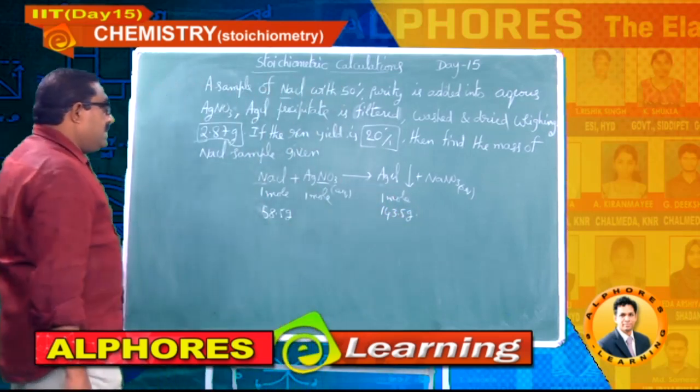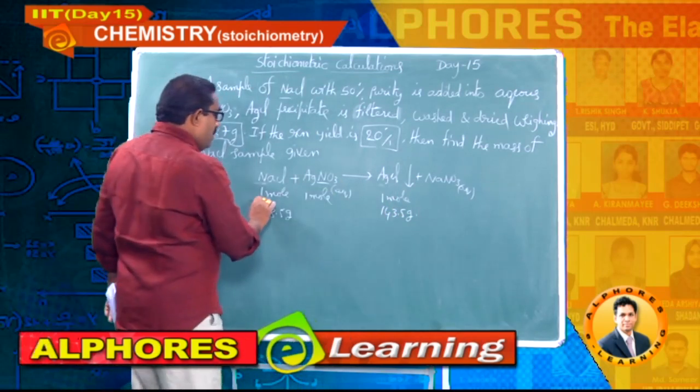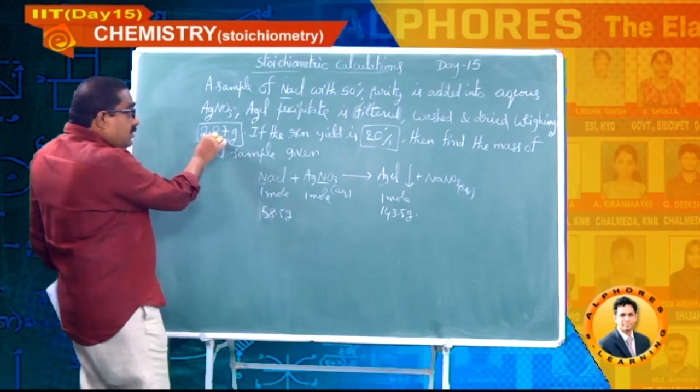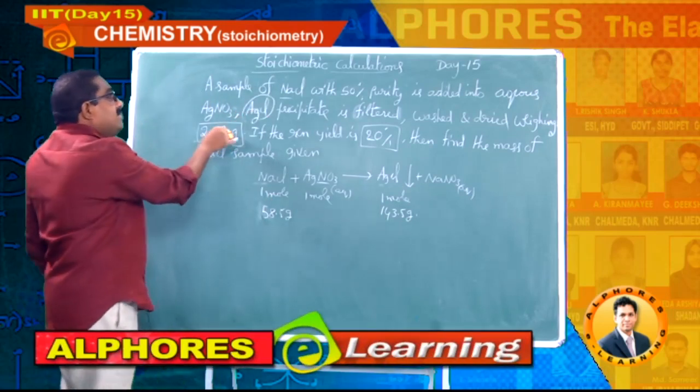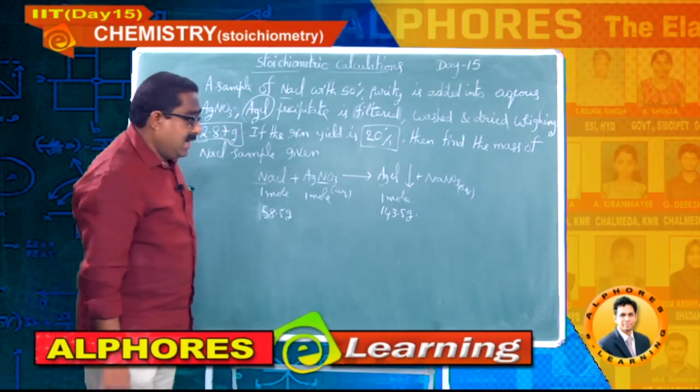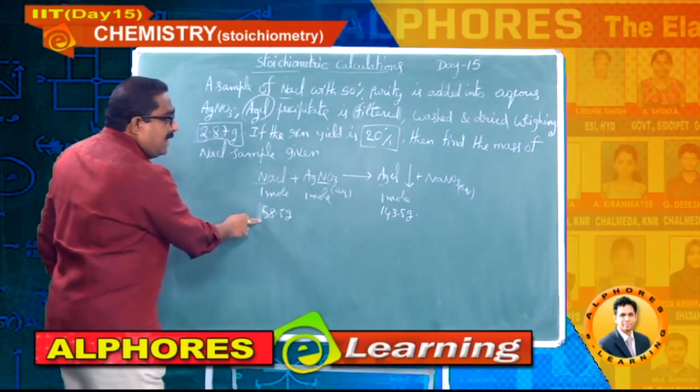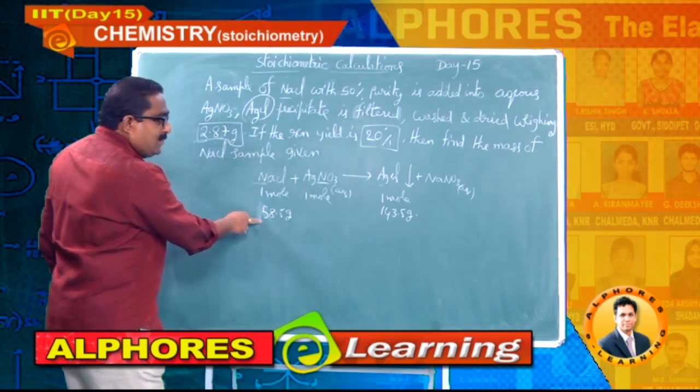So these are the molar masses. But how much has he given? 2.87 grams of silver chloride in a dry state finally. So theoretically I am calculating the sodium chloride.